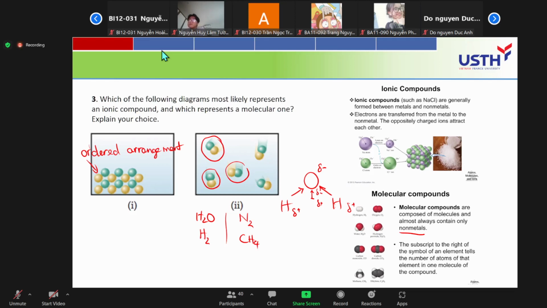And this is the reason why water stays as a liquid at room temperature, but nitrogen doesn't have polarity and doesn't have that interaction together, so nitrogen stays as a gas at room temperature.